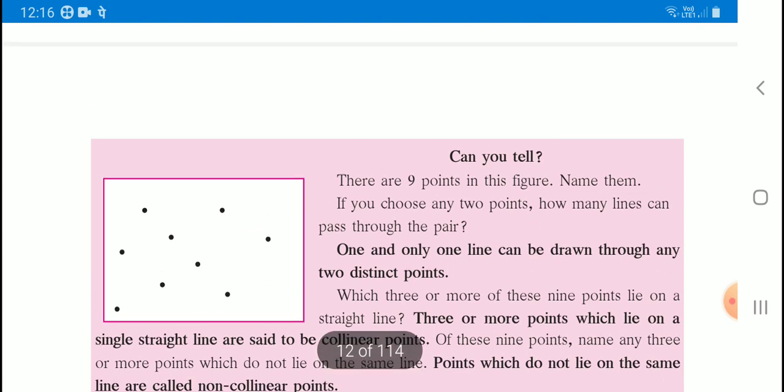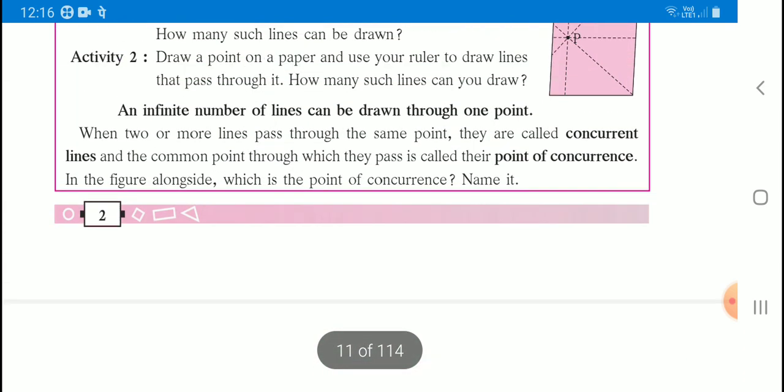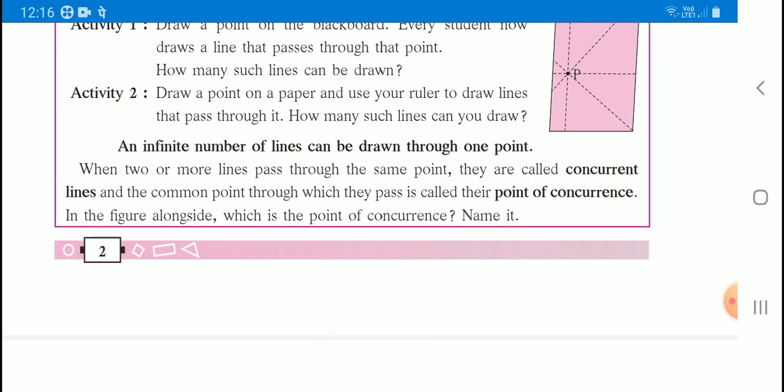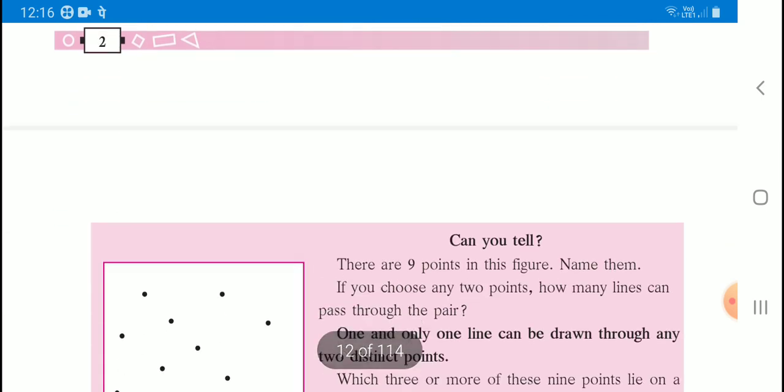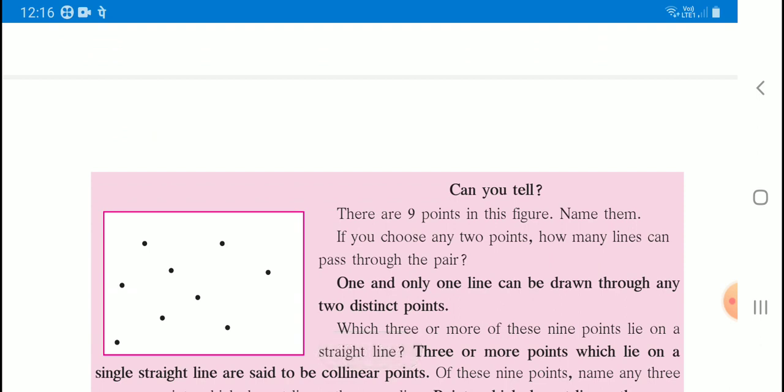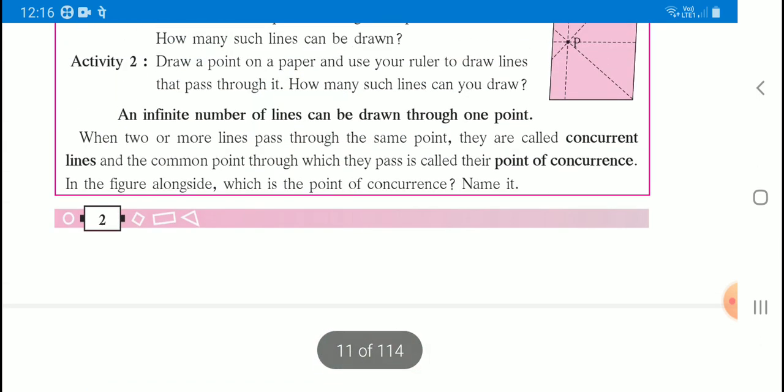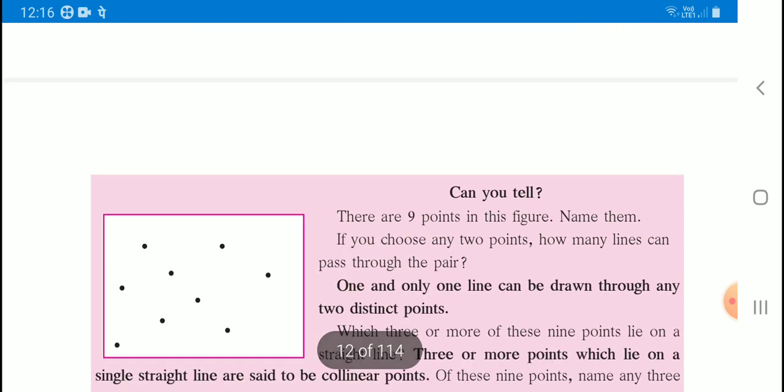Again we will revise it. Look here, we can draw infinite lines passing through one point. We can draw one and only one line through two distinct points. Now, when two or more lines pass through the same point, they are called concurrent lines, and the point through which they pass is known as the point of concurrence.